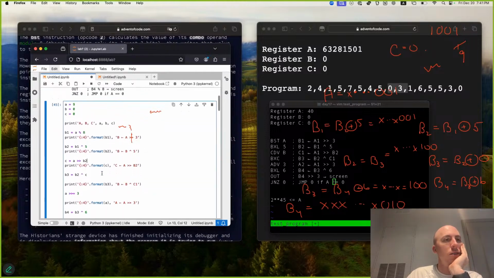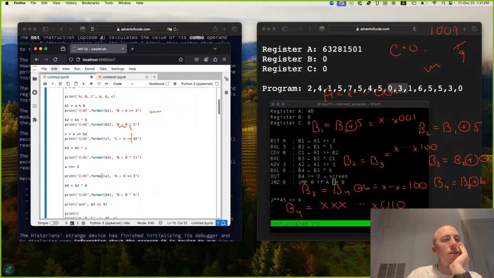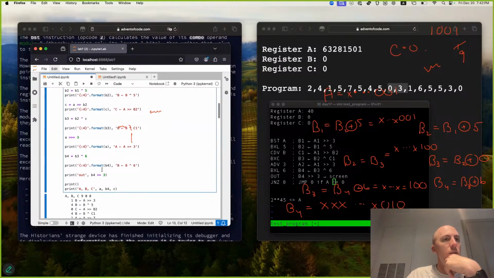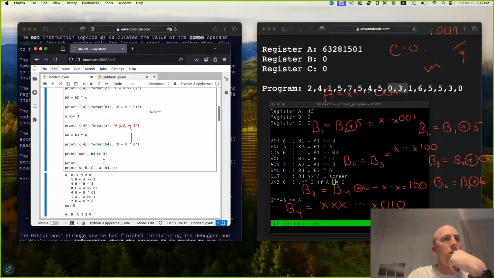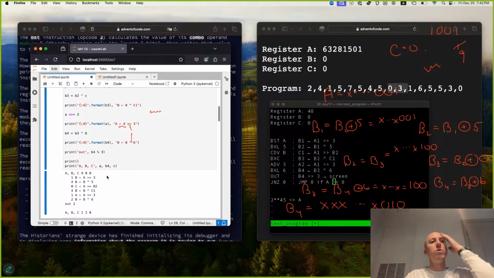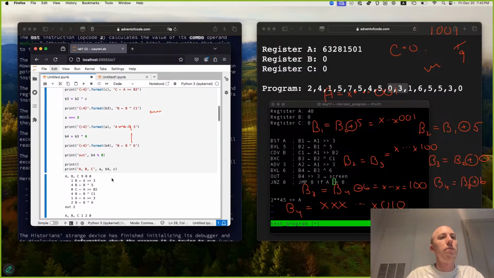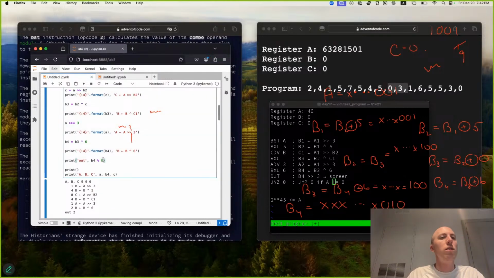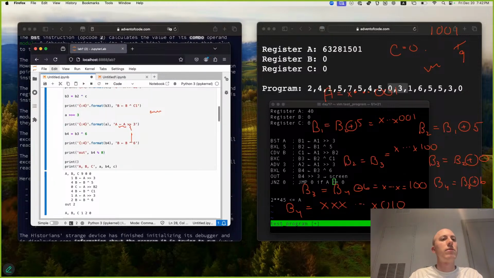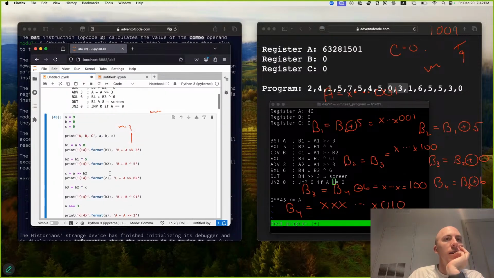Basically, C is 0. A gets shifted over by 3. Do it with 6. This should be modulus as well. Why do I keep doing that? Yeah, 8. Okay, that's good.